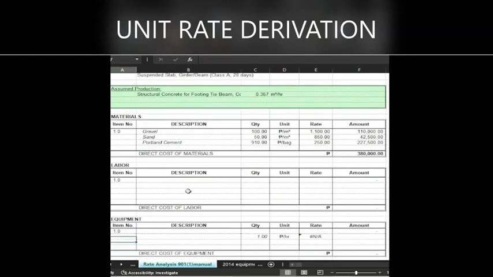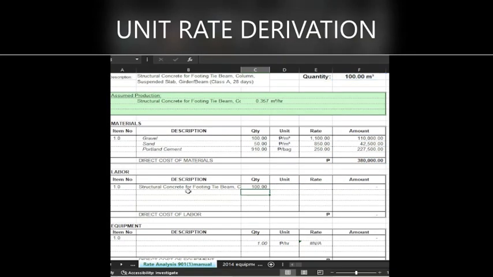So for the labor of this assumed production, we'll just put the description here, then the quantity is 100 cubic meters.